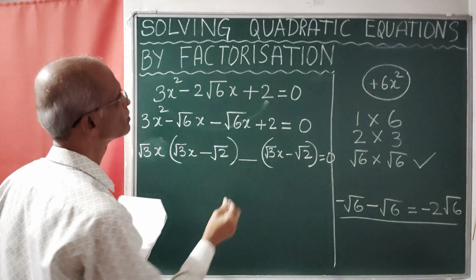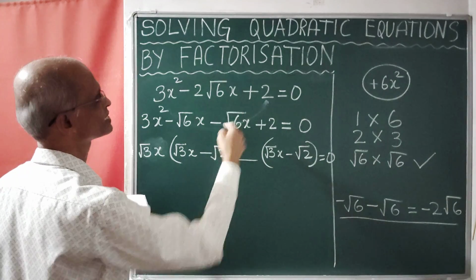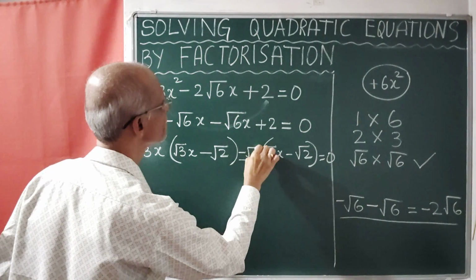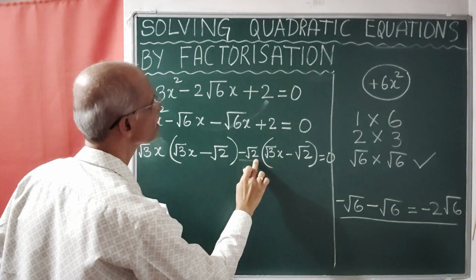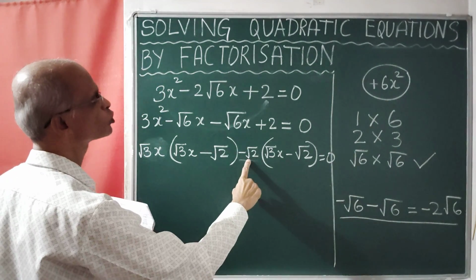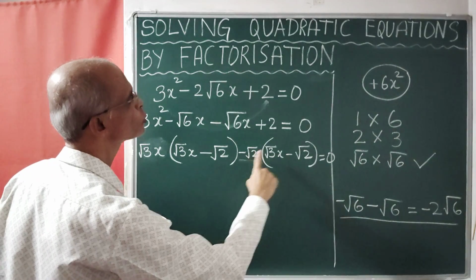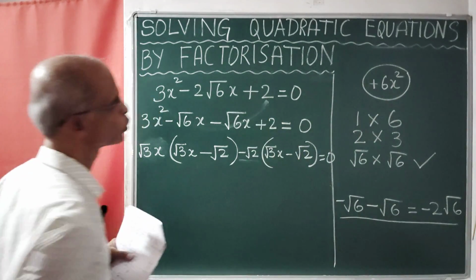Now I have to fill the gap. I want minus root 6. So if I write minus root 2 here, then I'll get minus root 6: minus root 2 into root 3 is minus root 6. Now minus root 2 into minus root 2, I got 2.